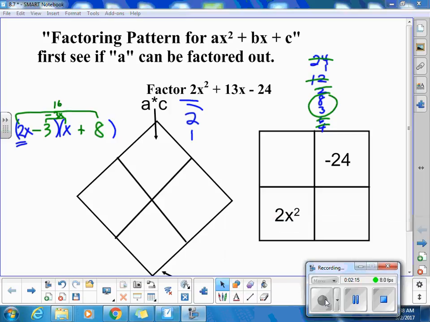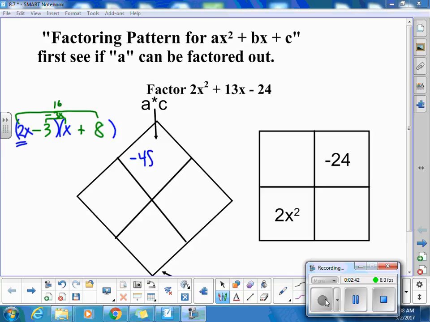The other way of doing it is by using diamond factoring. And what you do to diamond factor is you just multiply. So we're going to get rid of this stuff. You draw a diamond or a big X on your paper, and inside of that X, this top part is a times c, so it will be 2 times negative 24, which is negative 48, and we bring the x squared with, so negative 48x squared.